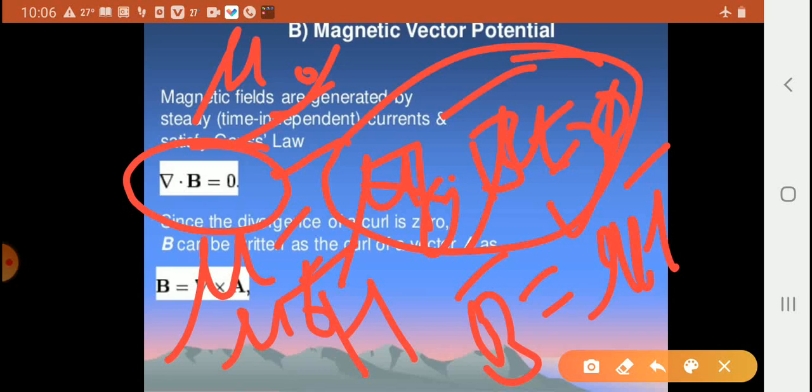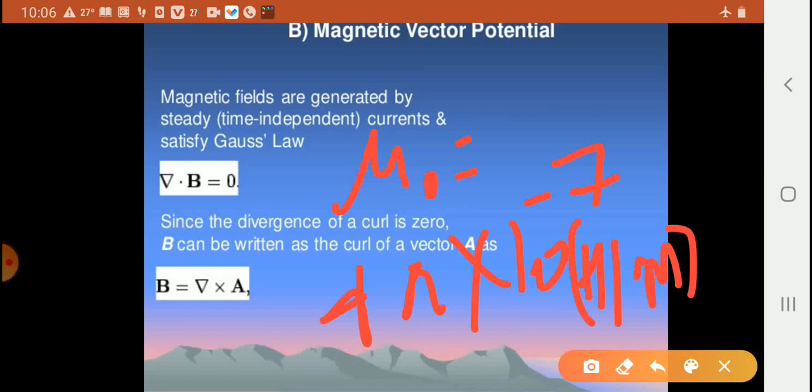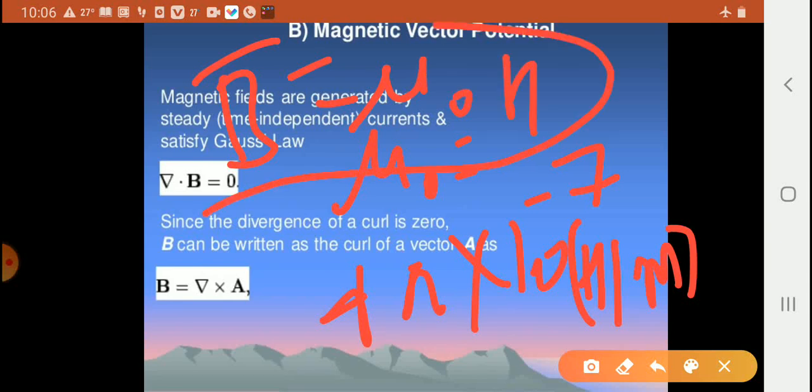Mu 0 equal to 4 pi into 10 to the power minus 7 Henry per meter. So B vector equal to mu 0 H. This is the relation of magnetic flux density and magnetic field intensity.